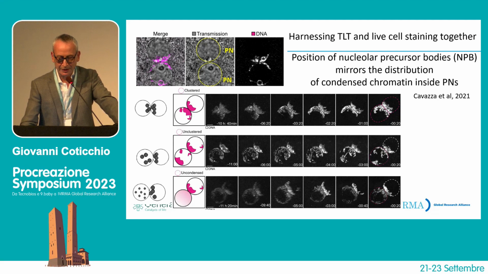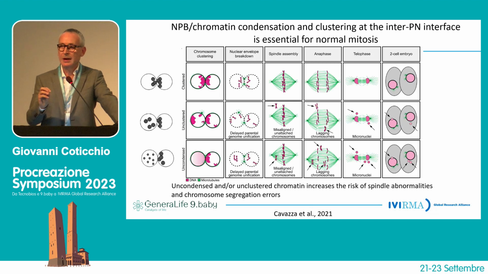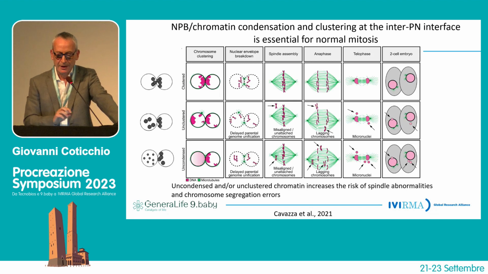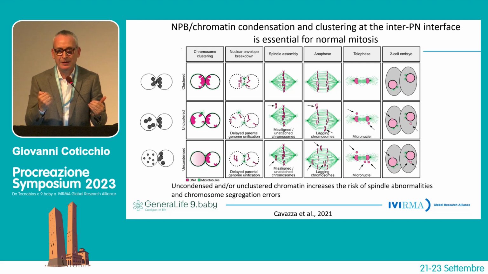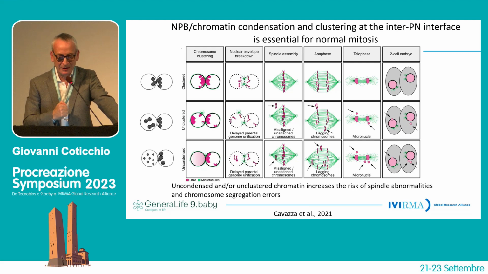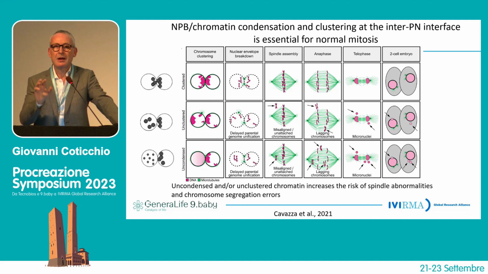Why is this important? Because we now know, through the same study, that in order for the first mitotic spindle to be able to capture correctly all the chromosomes of the zygotes after pronuclear breakdown, those NPBs, and therefore the chromatin, which is signaled by NPBs, need to be clustered in the interpronuclear area.